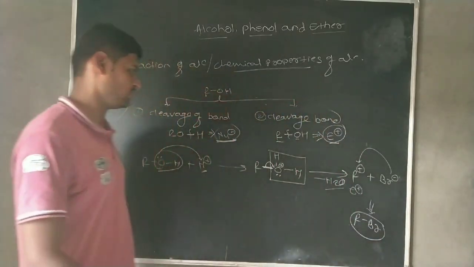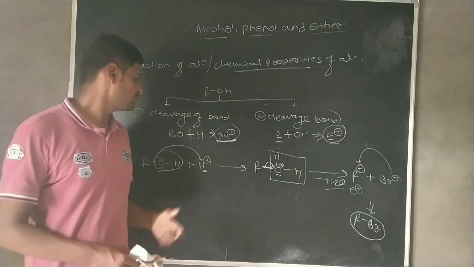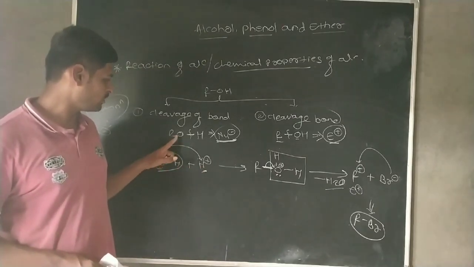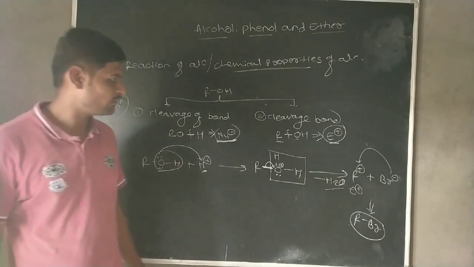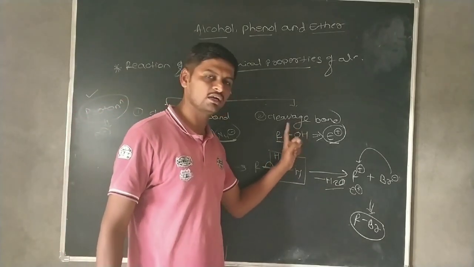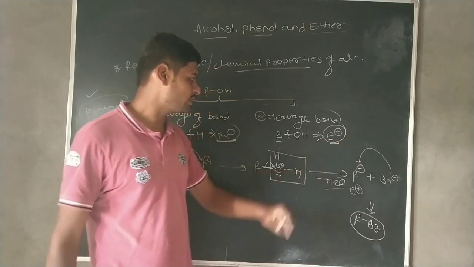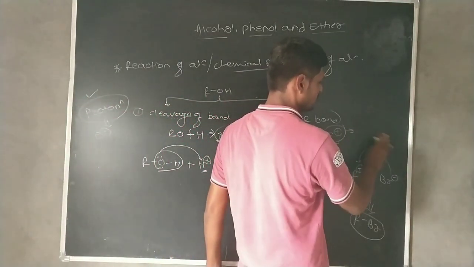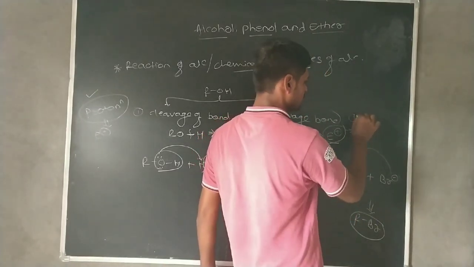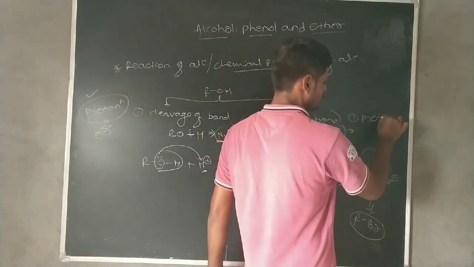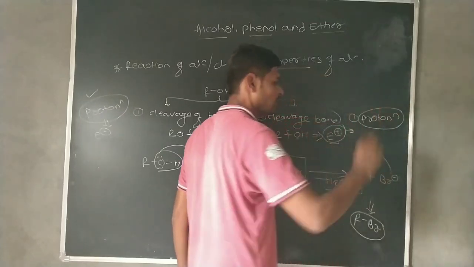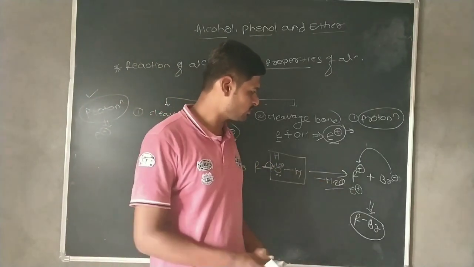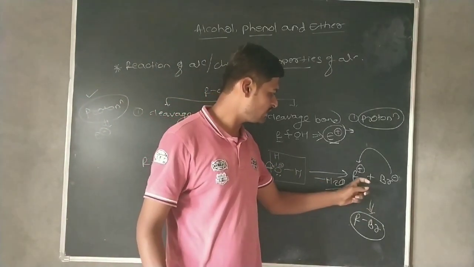That means the cleavage of bond can occur in two ways. In the breaking of the bond between oxygen and hydrogen, there is a formation of a nucleophile, and in the breaking of the bond between the alkyl group and the oxygen atom, there is a formation of an electrophile. But direct electrophile formation is not possible. Therefore, this electrophile is generated through protonation of alcohol. After protonation, the water molecule is eliminated. After elimination of the water molecule, there is a formation of the electrophile.